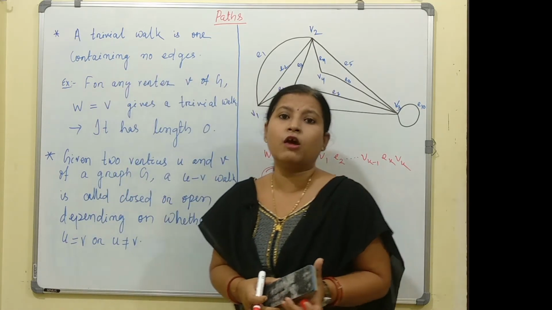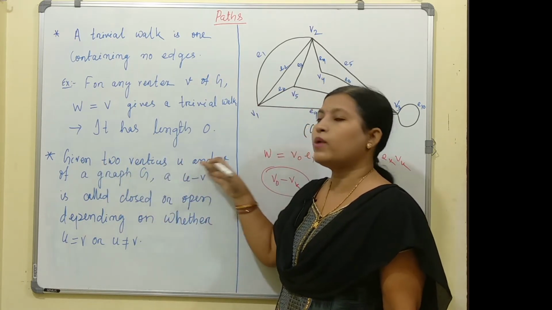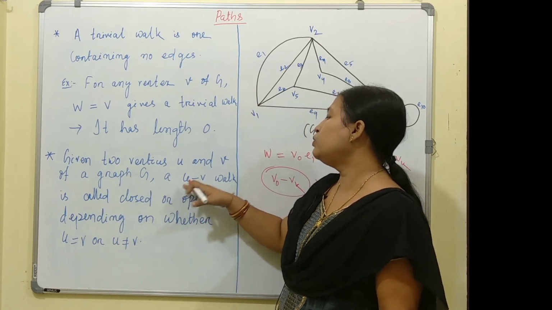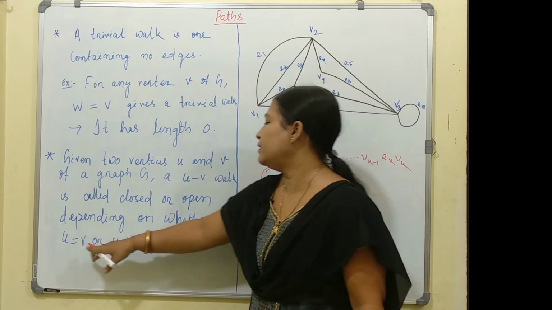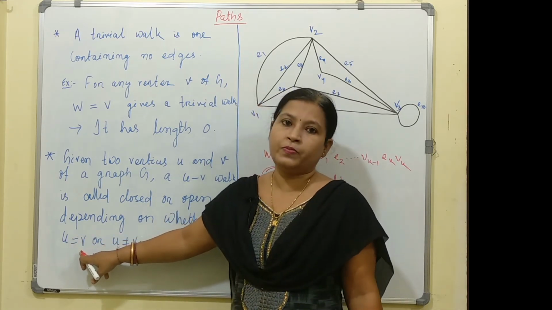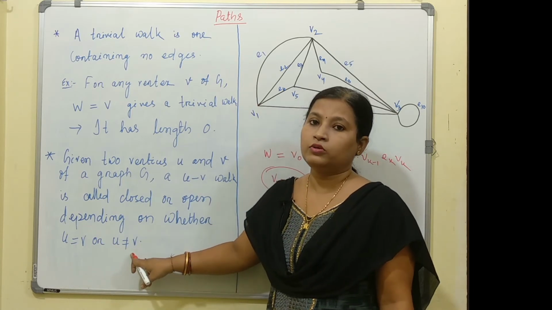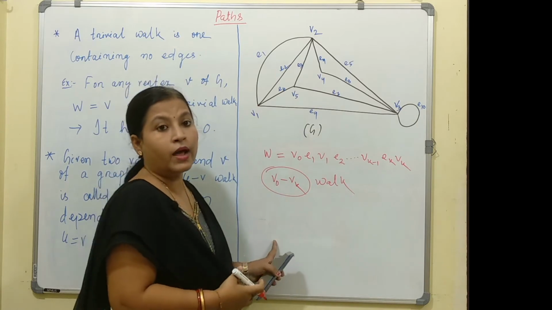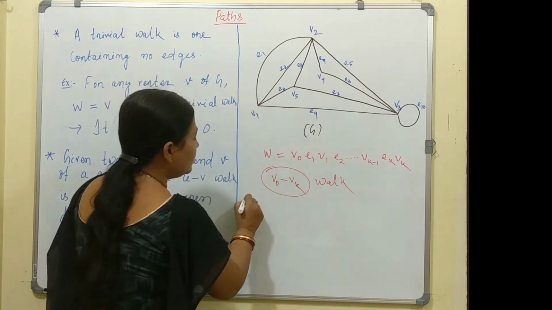So the definition of open walk or closed walk: given two vertices U and V of a graph G, a U to V walk is called closed if U equals V. If it is open, then U is not equal to V. So taking an example of closed walk and open walk from this graph.